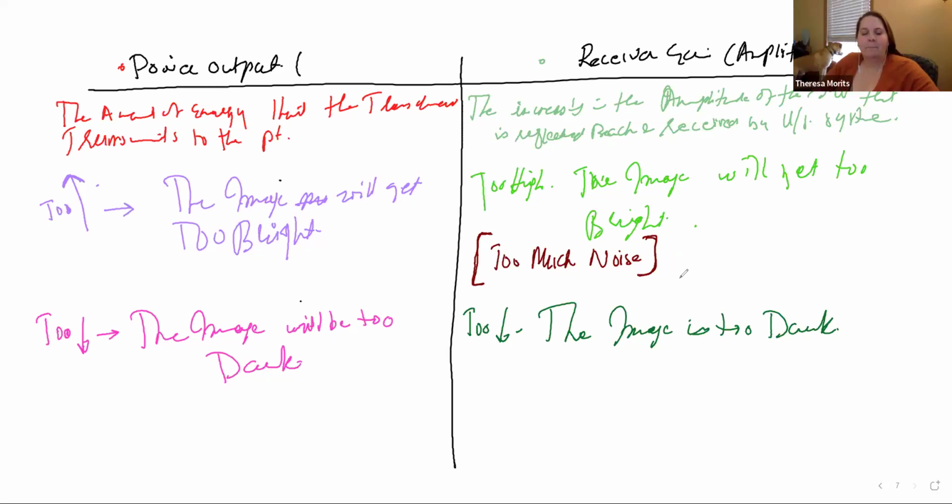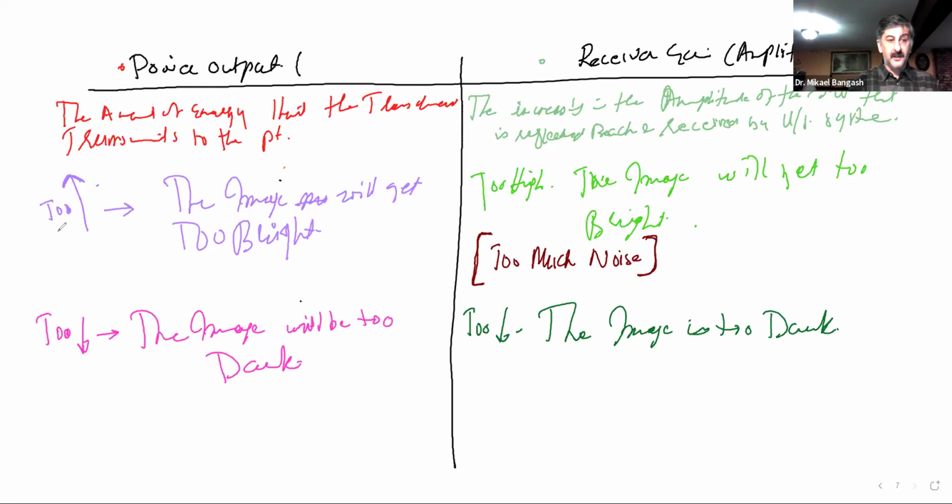Okay. One thing before we jump into our next discussion: how can we correct the image being too bright? And likewise, how can we correct the image if it was too dark?